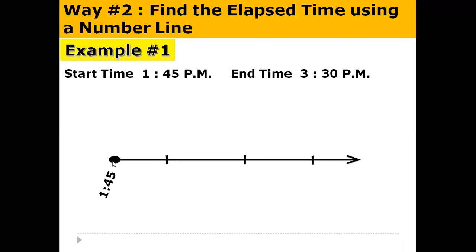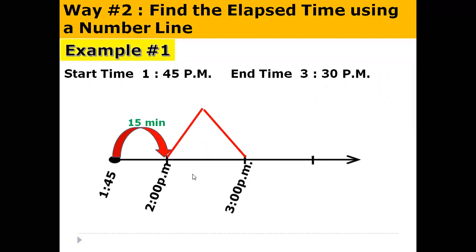Now, what is the ahead timing after 1:45? It's 2 p.m. The ending time, as you see, is 3:30. So we need to reach 3. So 1:45, then 2 p.m., then 3 p.m., which is 1 hour.